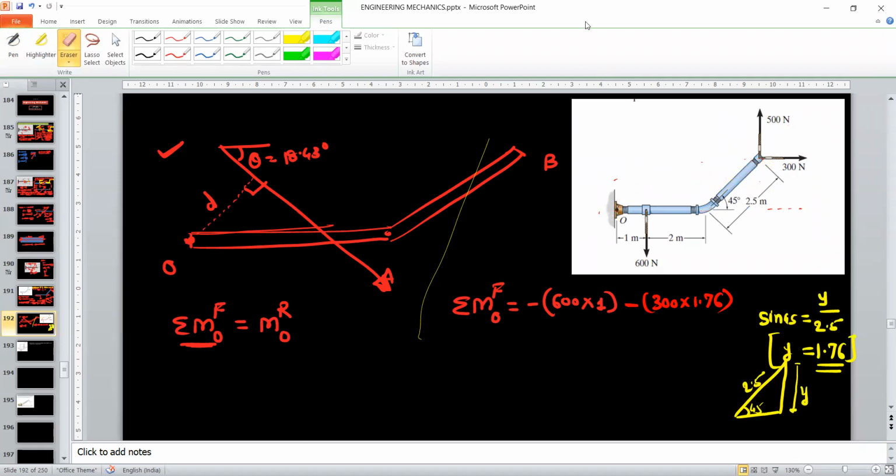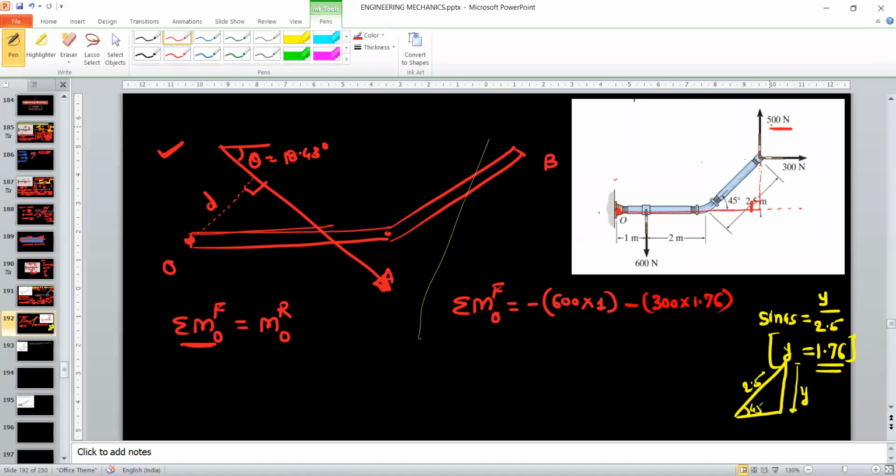For that we need the perpendicular distance. So just extend this line of action like this. Now from point O, draw one line. Actually, this is a perpendicular line. This is the perpendicular distance for 500 Newton.